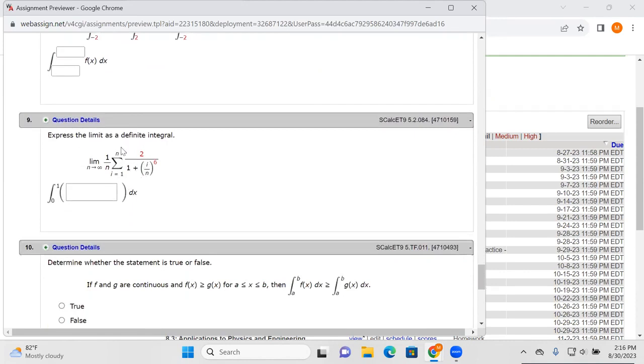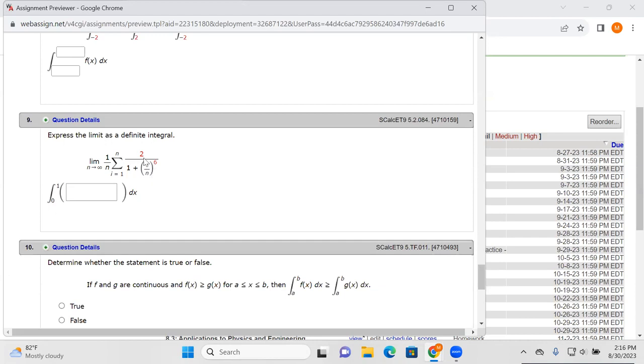Express this limit as a definite integral. Note the 1 over n is being factored out. That's the width of our rectangle, and the rest of the business is the evaluation. Now, we're going from 0 to 1, so within this parenthesis the i over n should probably be 0 plus i over n. That'd be the easiest way to see it.